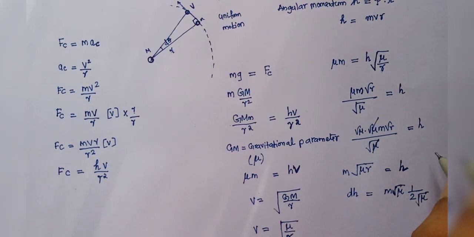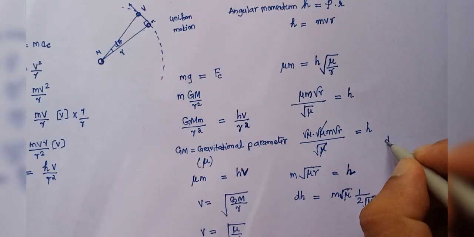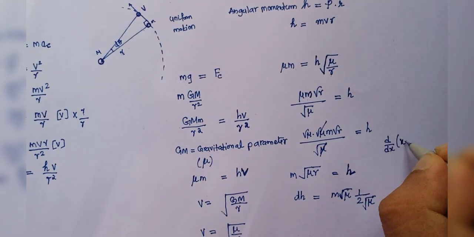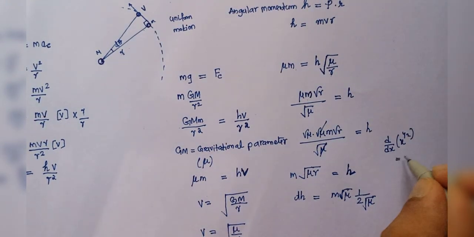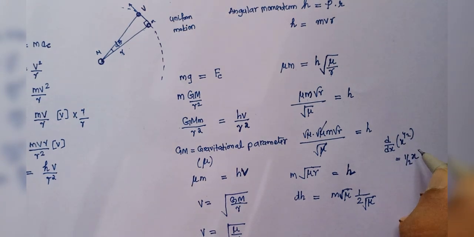Because if you know your elementary calculus, d by dx of any x power half is nothing but you take half here and you deduct 1 from half, so x power half minus 1 is minus 1 by 2, which gives me 1 by 2 into root of x. Those similar values I have written over here. It's a small calculus we have done here.